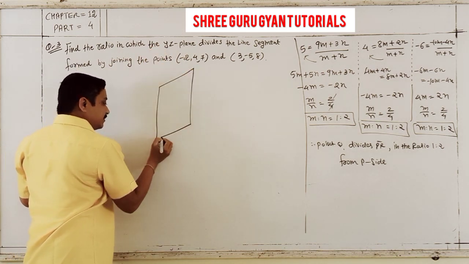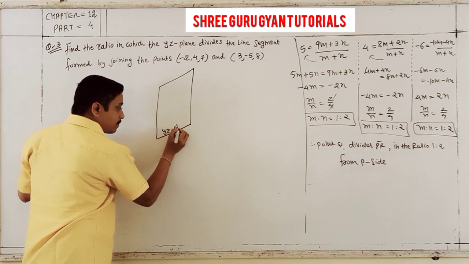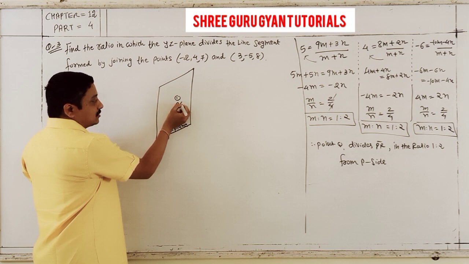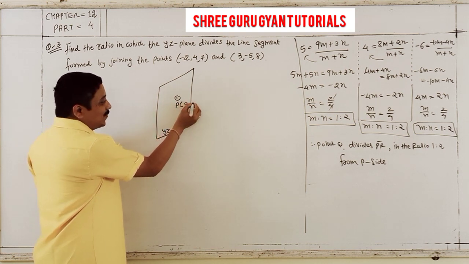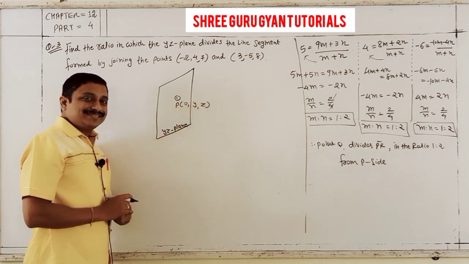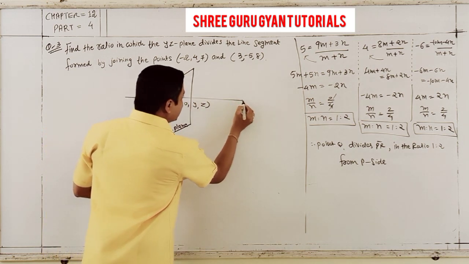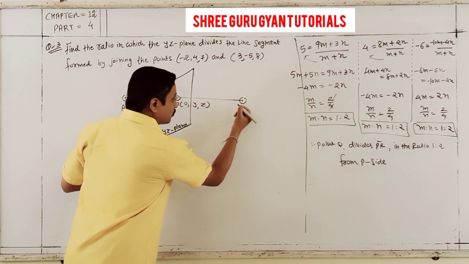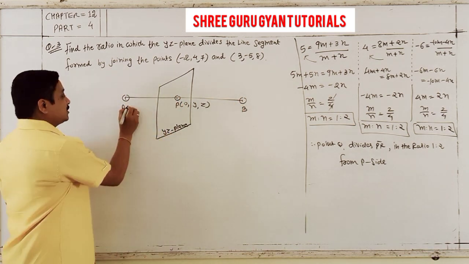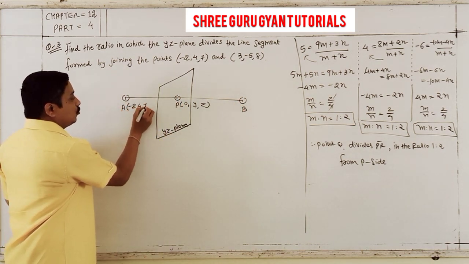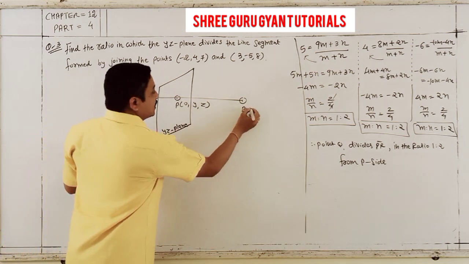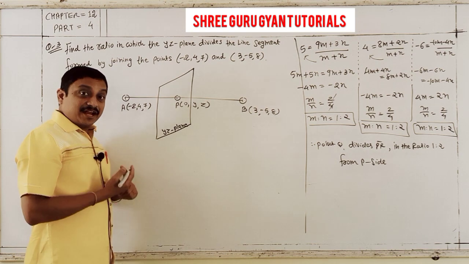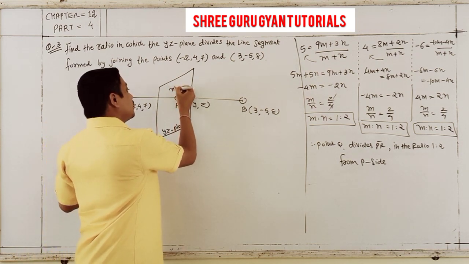That's the YZ plane, and on the YZ plane your point is (0, y, z), and here is segment AB. A is (-2, 4, 7) and B is (3, -5, 8), and the ratio I consider m ratio n.